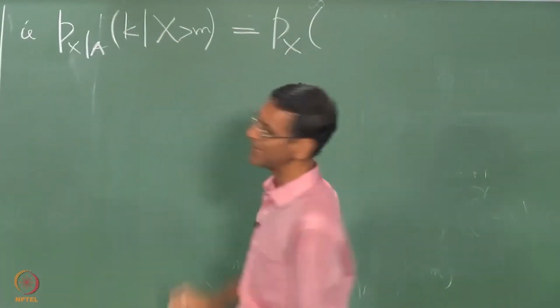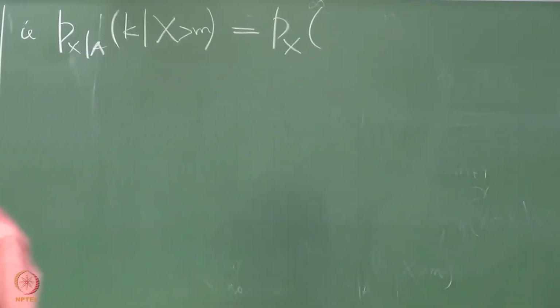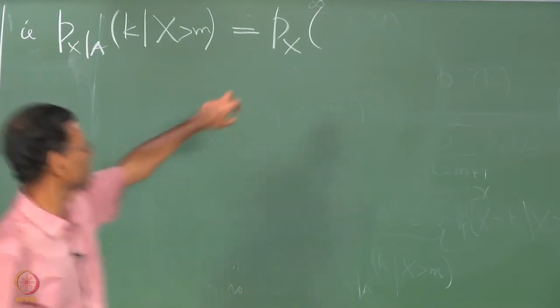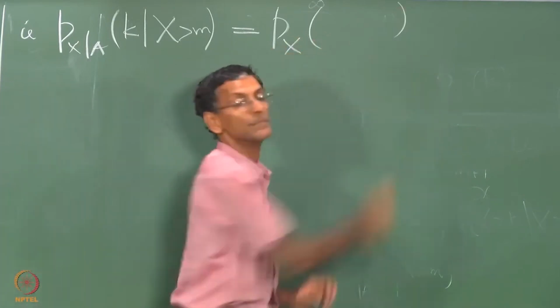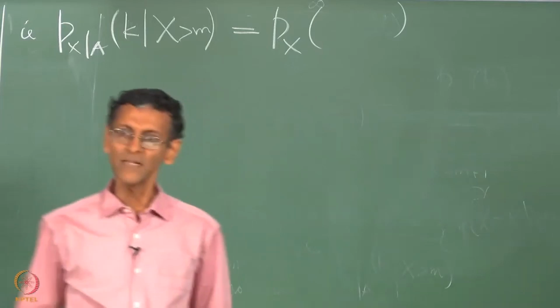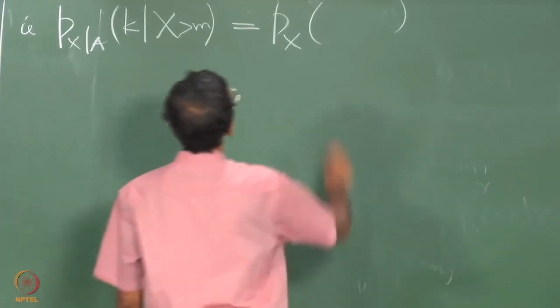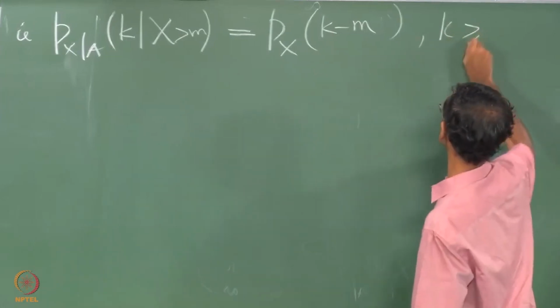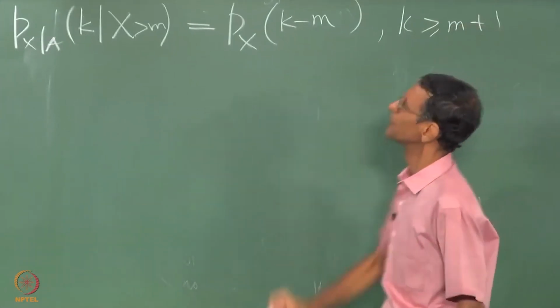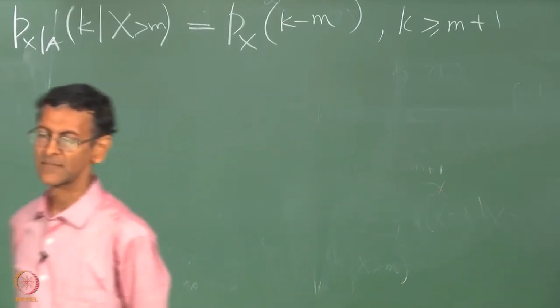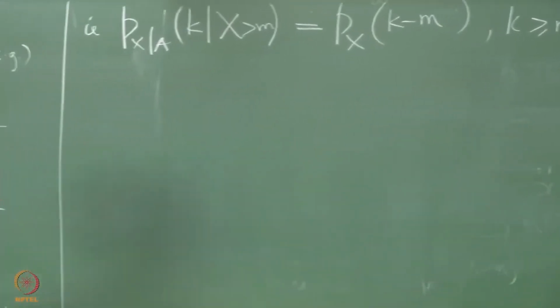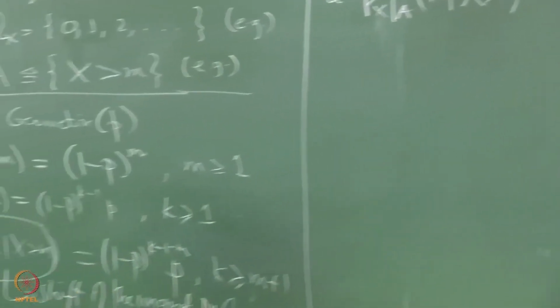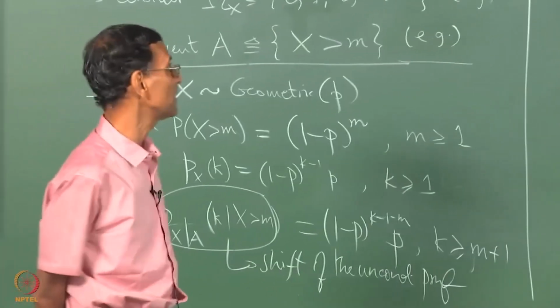If I want to write Px, what would I write here? I would just write k minus m, for k greater than or equal to m plus 1. So, that in one line encapsulates the memoryless property of the geometric PMF.